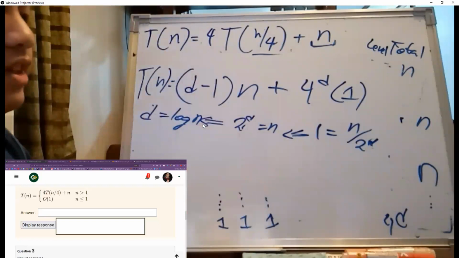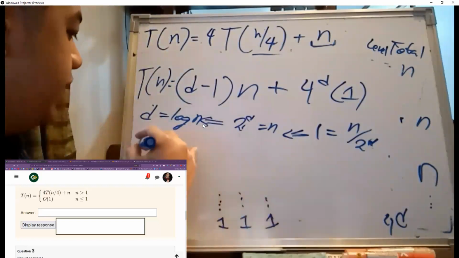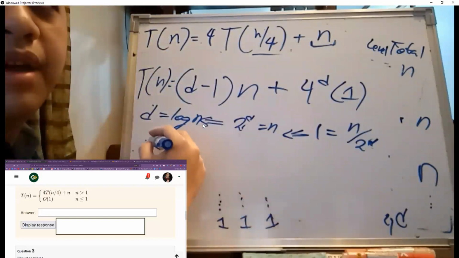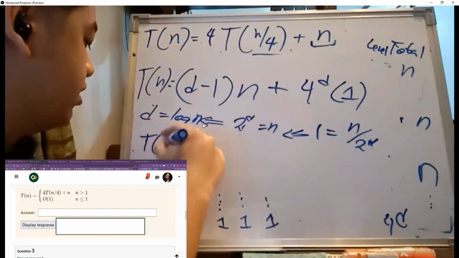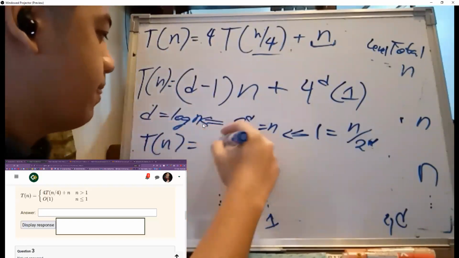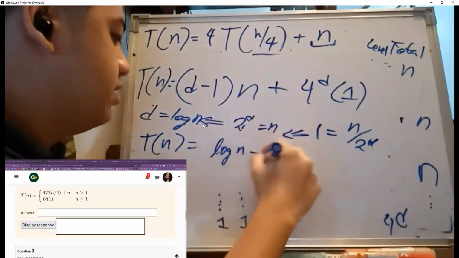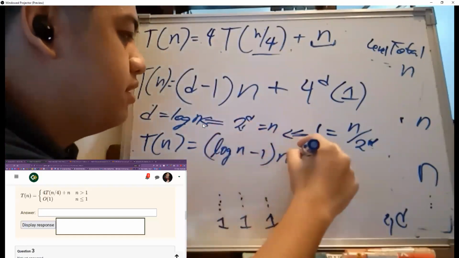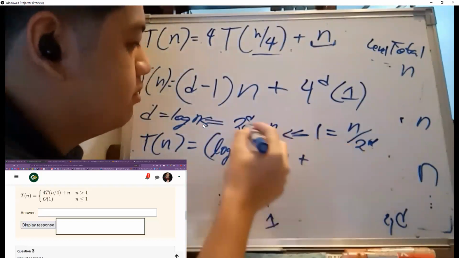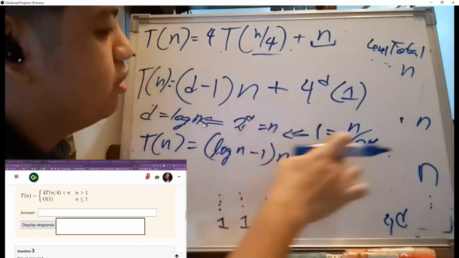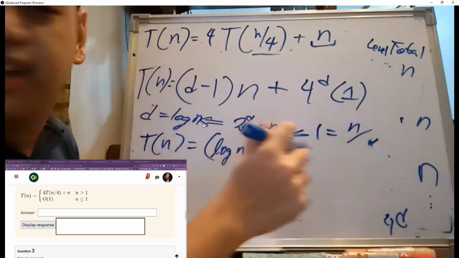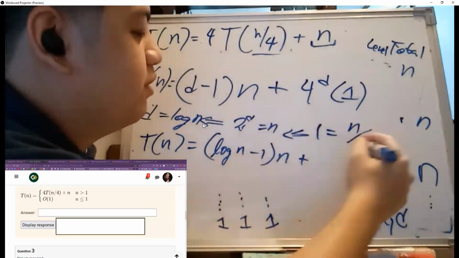Substituting this to our T of n, we get that log n minus 1 times n plus, so bakit naging 2? Ito ang nagsabi, 4.